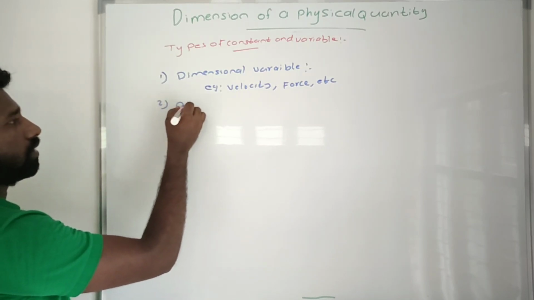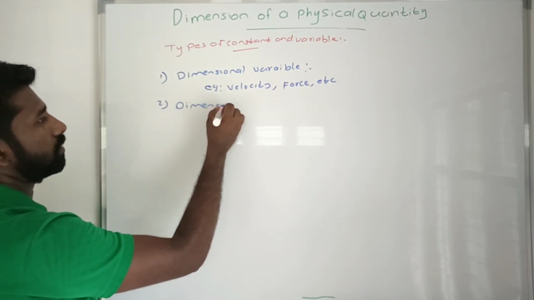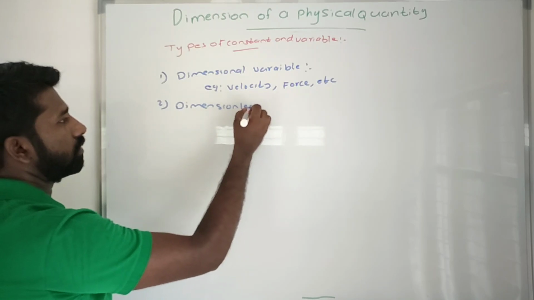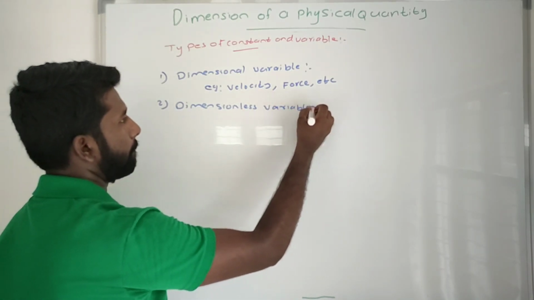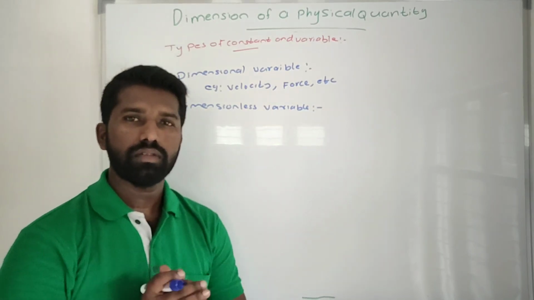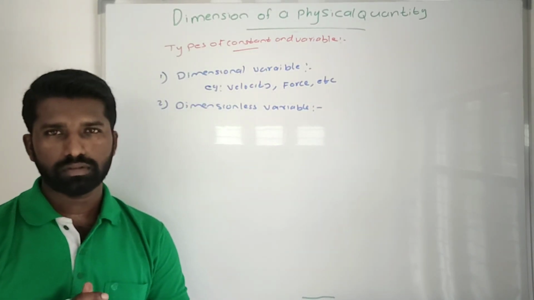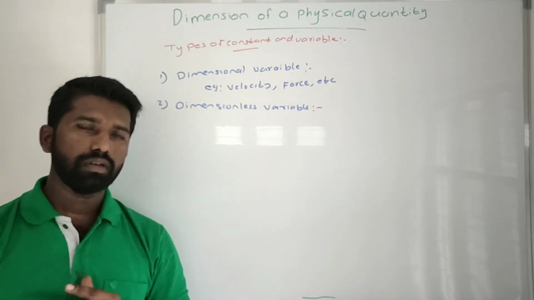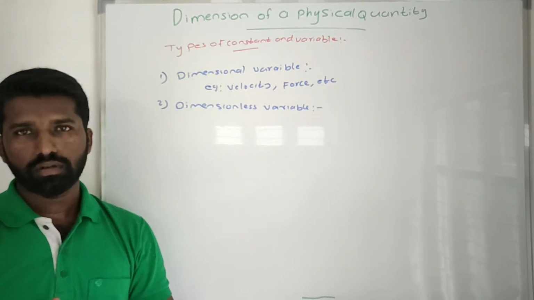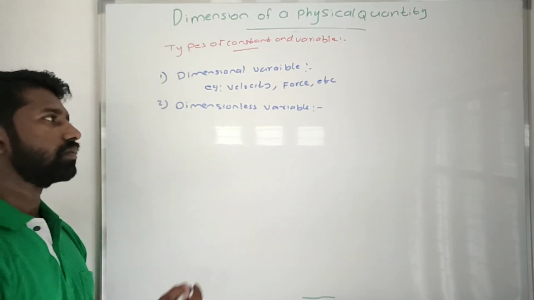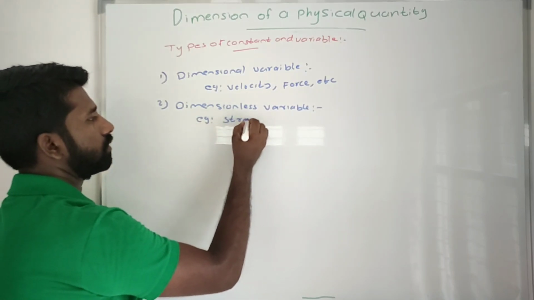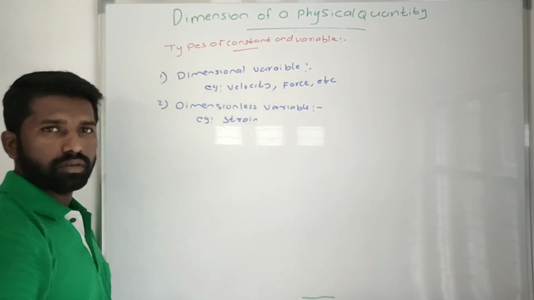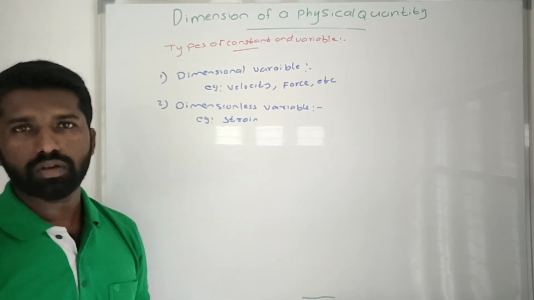Next, dimensionless variable. The variable does not have a dimension. Okay, it is a variable but does not have a dimension. Like that, variables are there. Example is strain, mechanical strain.